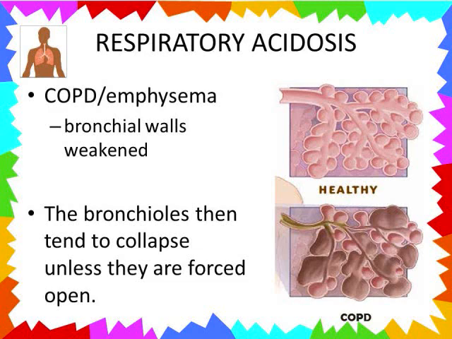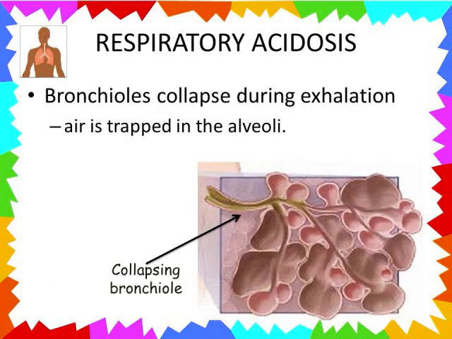In some diseases, such as emphysema, the bronchial walls are weakened. These bronchioles then tend to collapse unless they are forced open. Well, they're forced open during the forced inspiration, because inspiration is an active event. So at that time, the bronchioles are forced open, but remember, exhalation is relaxation, so they tend to collapse, which means air gets trapped within the alveoli.